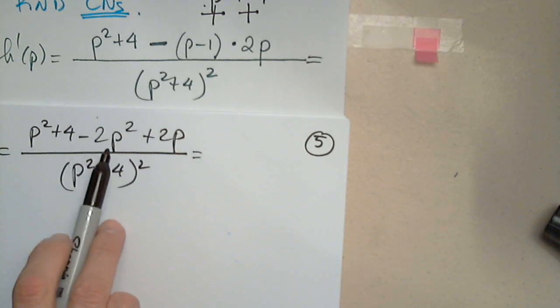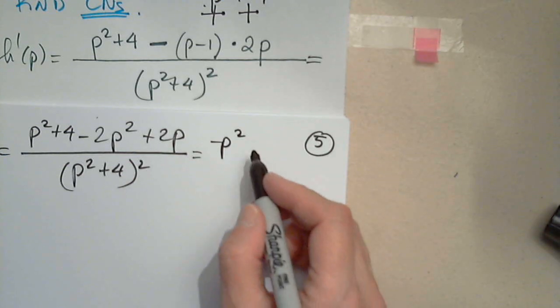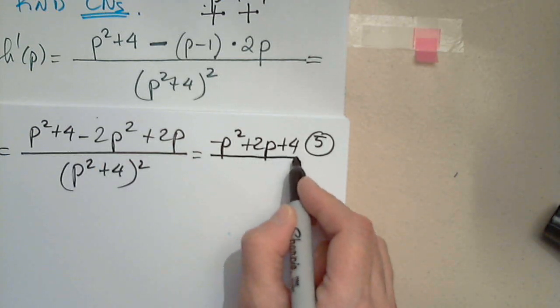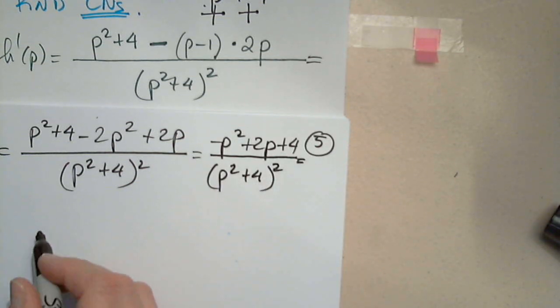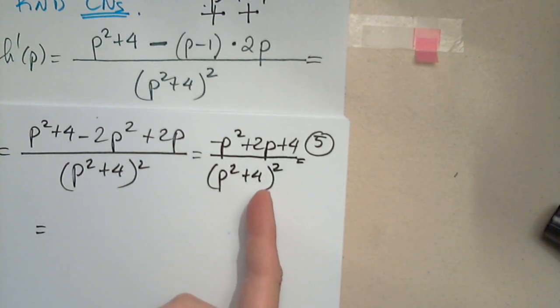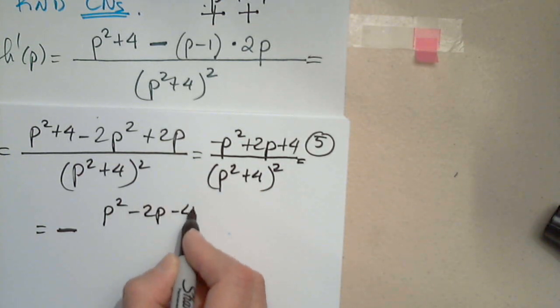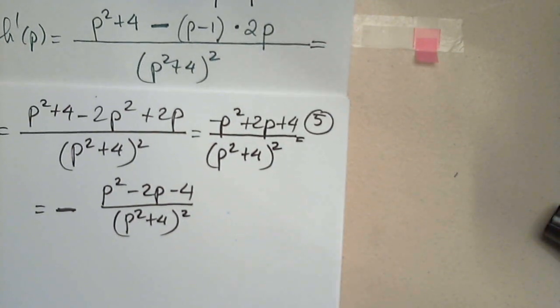Combine like terms, I have negative p squared plus 2p plus 4, everything divided by p squared plus 4, squared. And now you see why we need to do this and simplify it fully. Any questions?